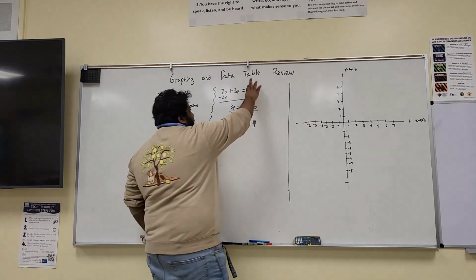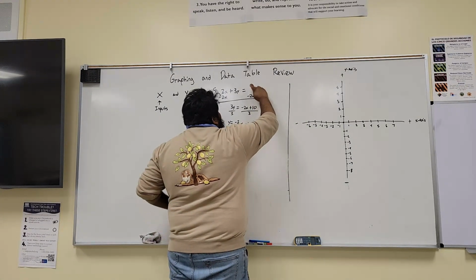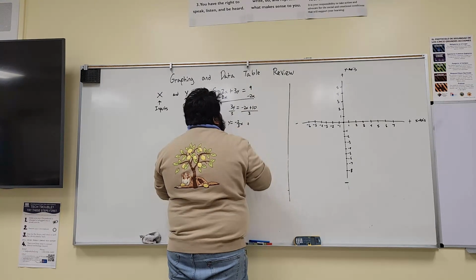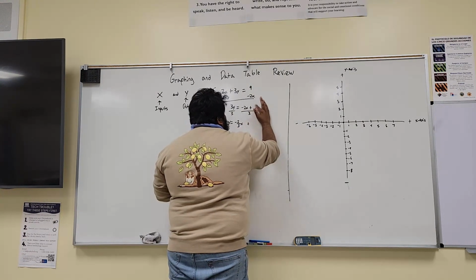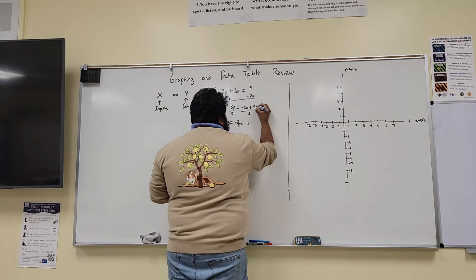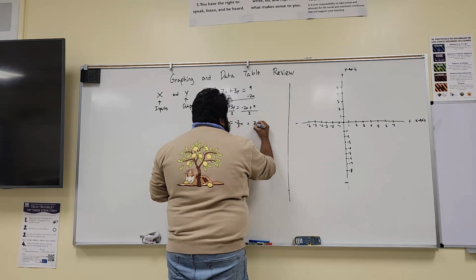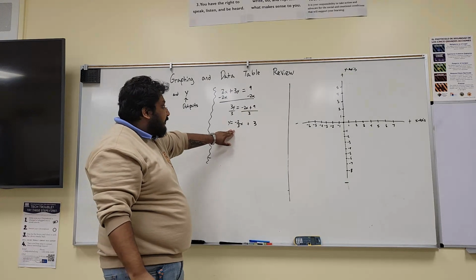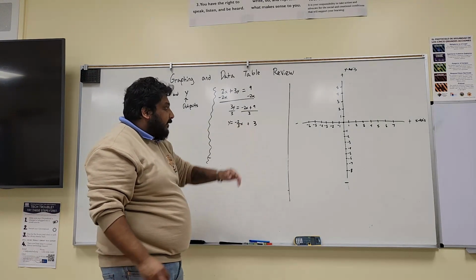I'm going to change this 10 to a 9, I don't like having two fractions like that. So we get the equation y is equal to negative 2 over 3 times x plus 3.